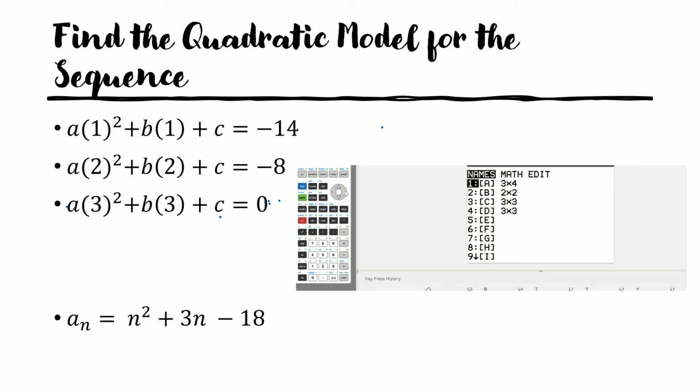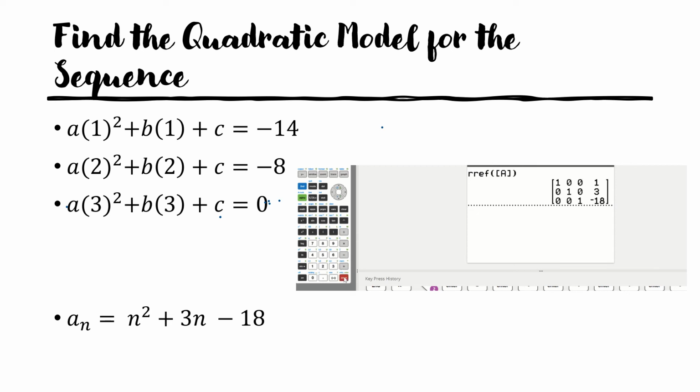That's very aggravating. All right, now I got it in the math screen. I'm going to put in matrix A. Close the parentheses. Hit enter. And there's my reduced row echelon form.